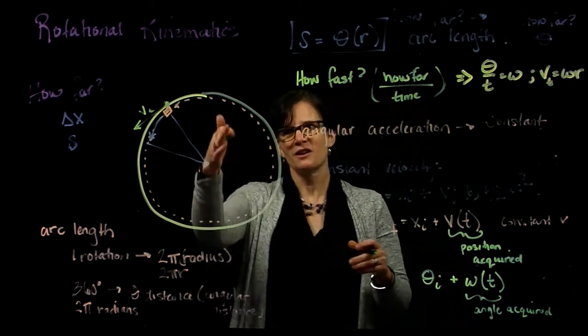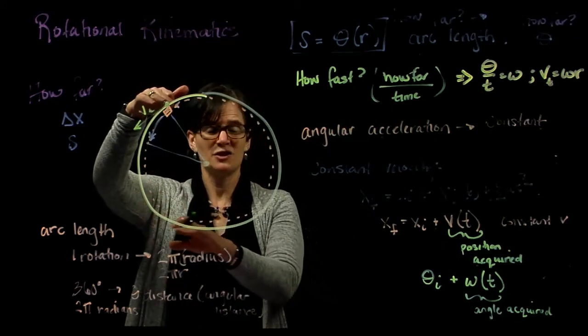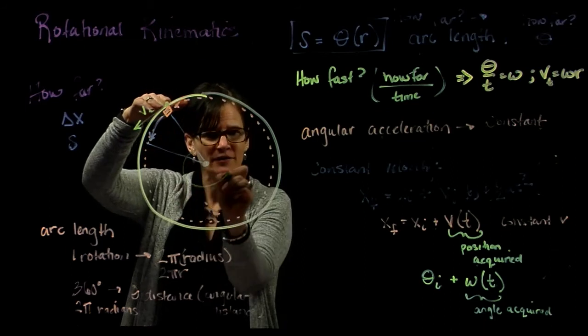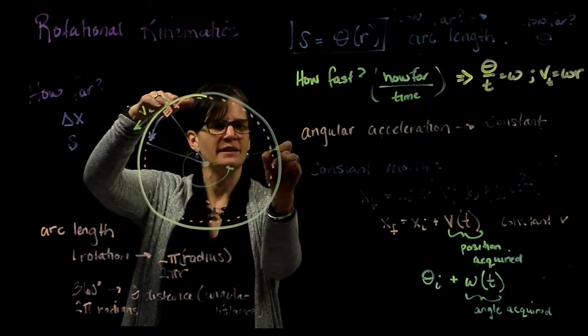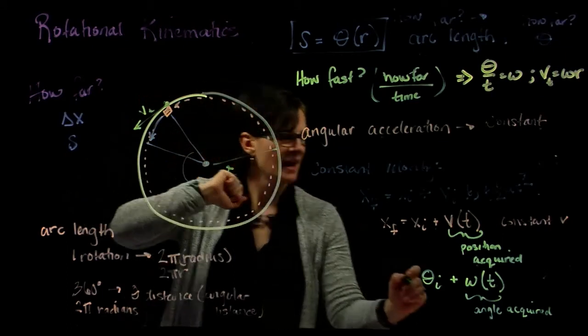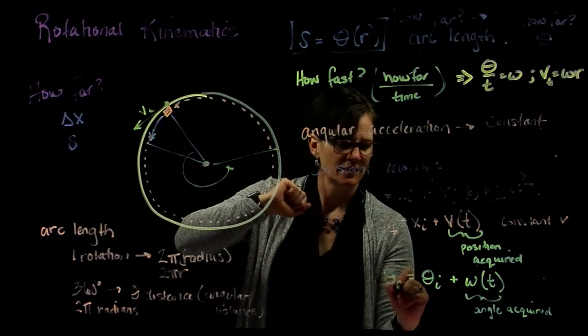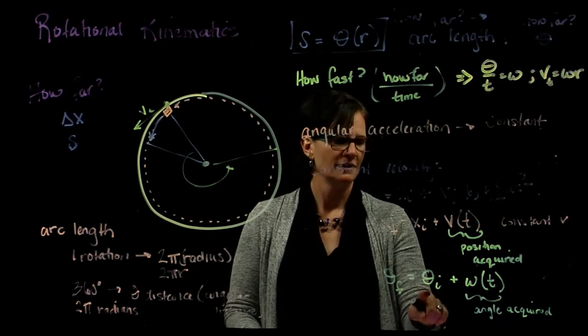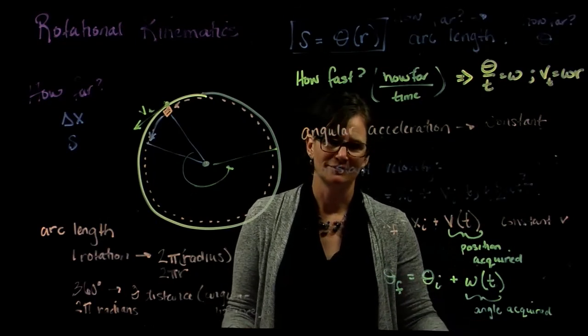So if I know where I started on the circle, and I know I rotated for a certain amount of time, which acquired a certain amount of angle, then I know where I end on the circle. And again, we have a parallel between our translational motion and our angular motion.